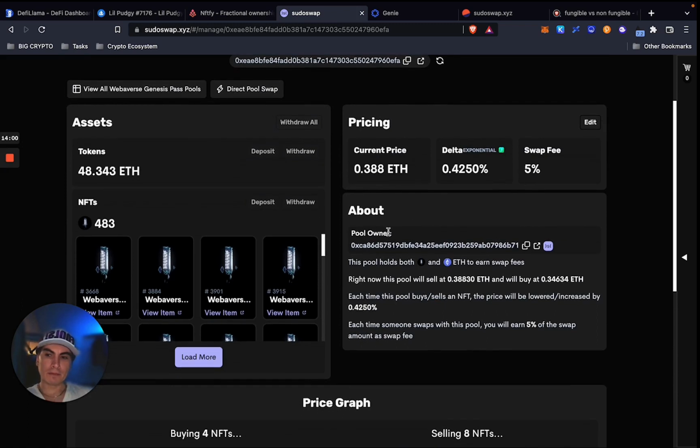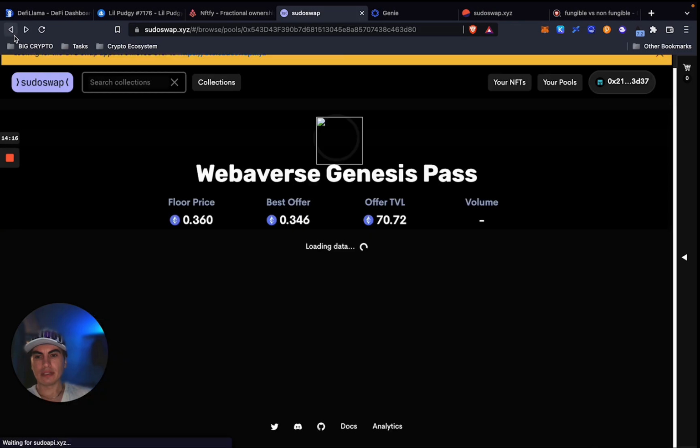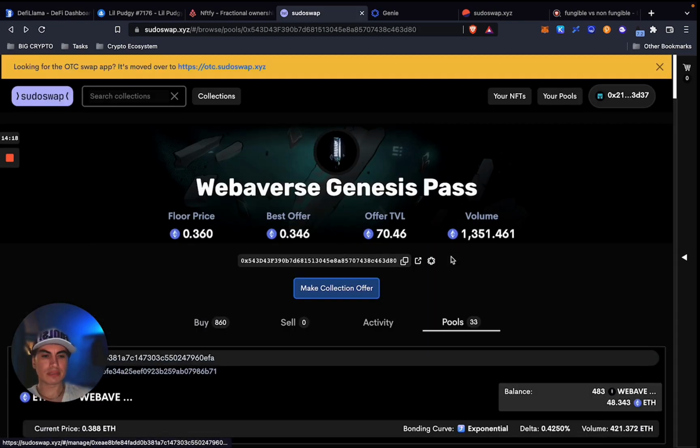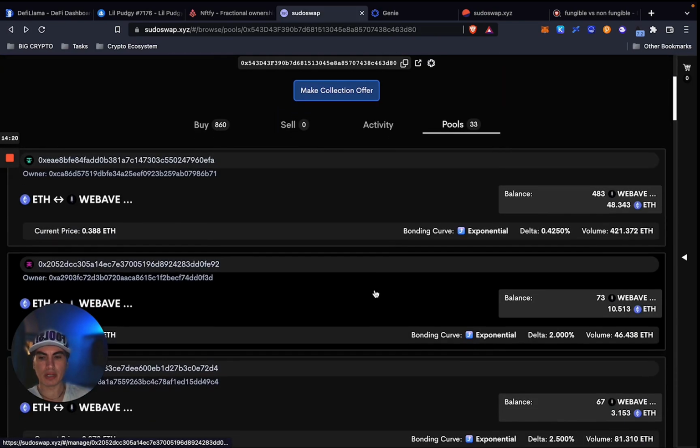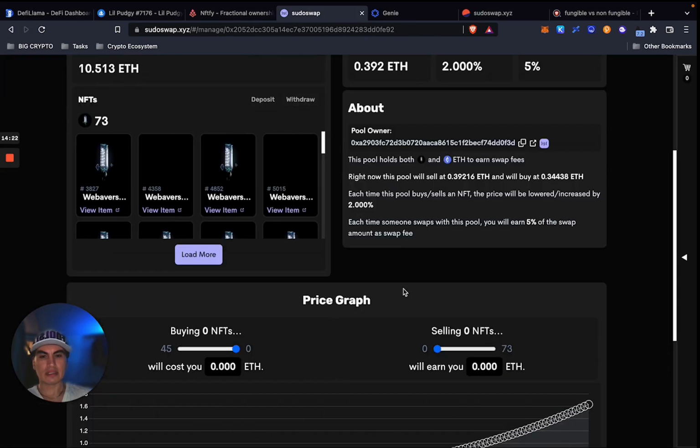But yeah, if you don't like this pool, this is just delta again, right? So each time an NFT is bought or sold, this is the price change that happens for it. But again, if you don't like that one, there's many different pools per project, right? So here's another one, and let's see what his fee is.